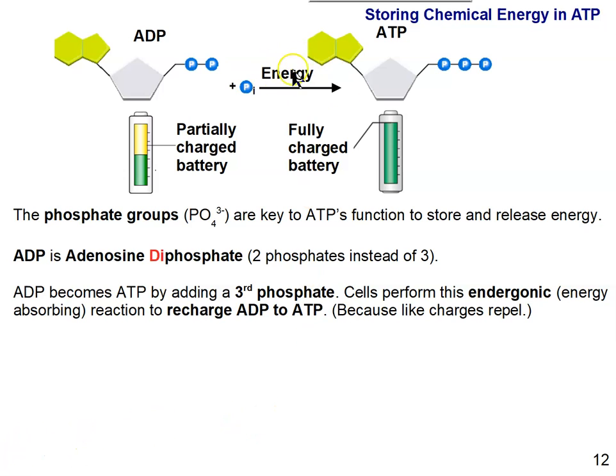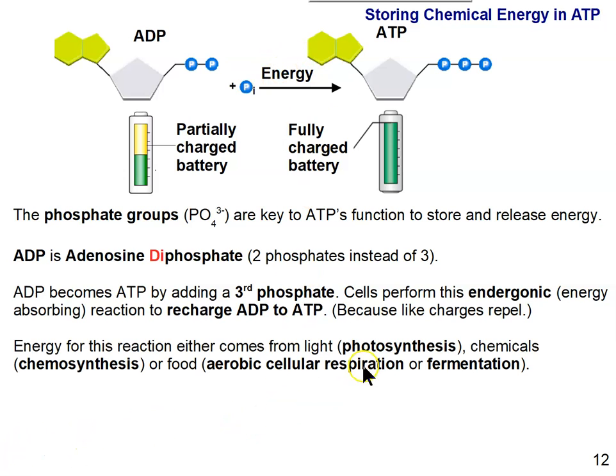So where does that energy come from? Well, it comes from light. If we're talking about photosynthesis, the process of photosynthesis uses light energy to turn ADP into ATP. Chemosynthetic organisms are doing the same thing, but they're using chemical energy to turn ADP into ATP.